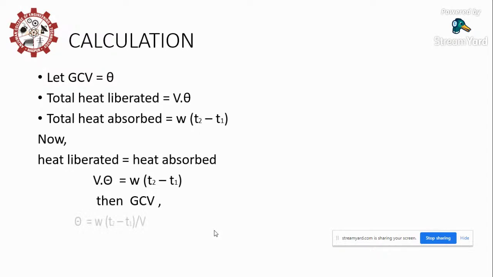Then GCV becomes theta is equal to W into T2 minus T1 upon V. So if you wanted to find out the gross calorific value of a gaseous fuel and a liquid volatile fuel, then you are going to use this equation. Which one? Theta equals W into T2 minus T1 upon V. It is having the same notation. The notations remain the same.